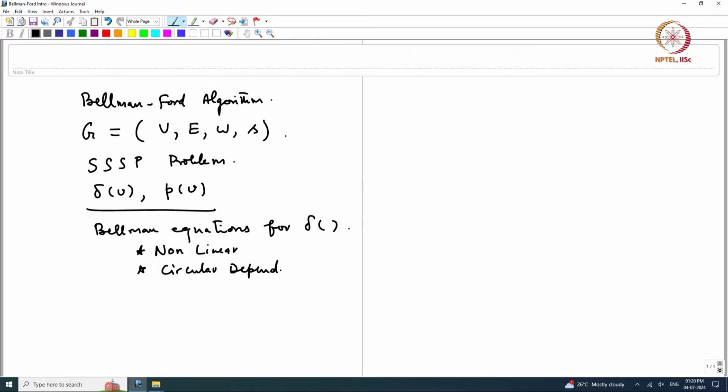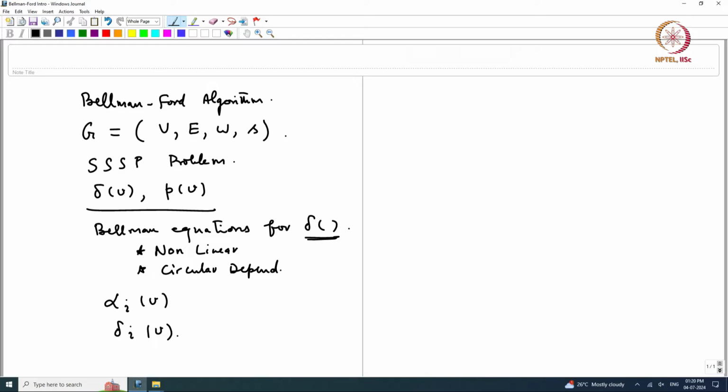So, we were looking for an iterative way to solve the Bellman equation and obtain the delta values. Towards that we have introduced the quantities alpha I V and delta I V, and we are going to iteratively build a solution.